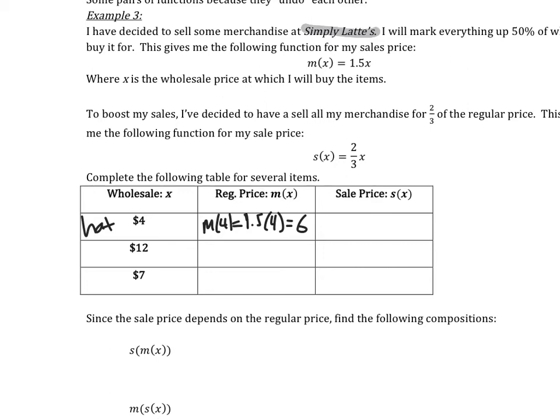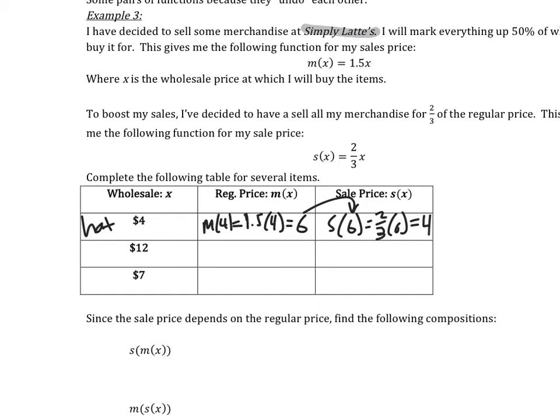So I'm selling it for $6. On my sale, I take 6 and drop it into my sale price function, and it's going to be 2/3 of 6, and 2/3 of 6 is 12 divided by 3. Oh, that's 4. Interesting.